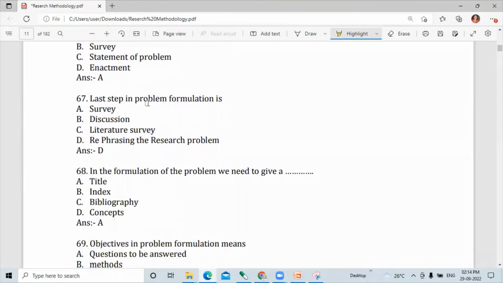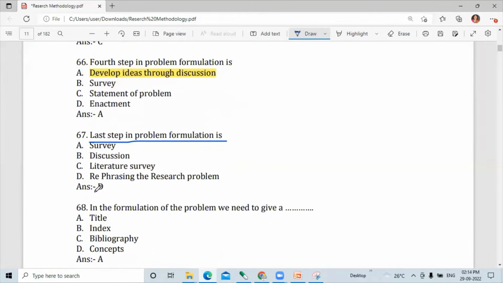And the last step in problem formulation. So what is the last step in problem formulation? The answer is D, rephrasing the research problem.